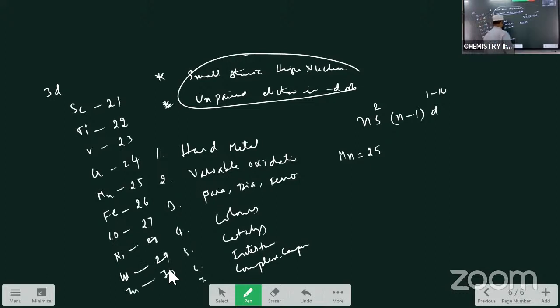You have to remember these atomic numbers of the 3d series elements and names also: scandium, titanium, vanadium, chromium, manganese, iron, cobalt, nickel, copper, zinc. Manganese atomic number is 25.